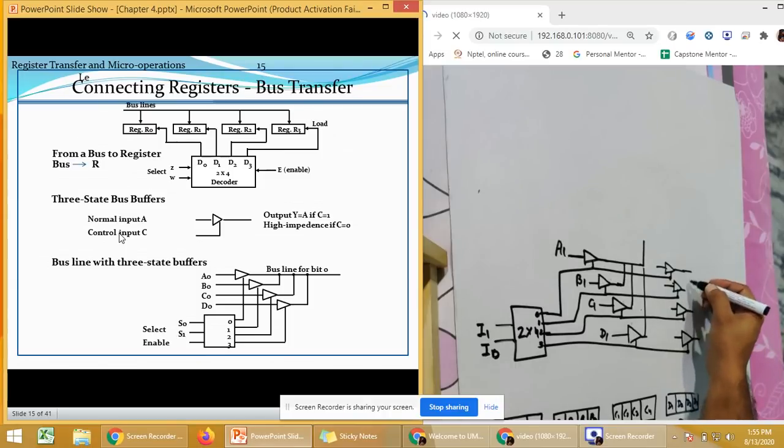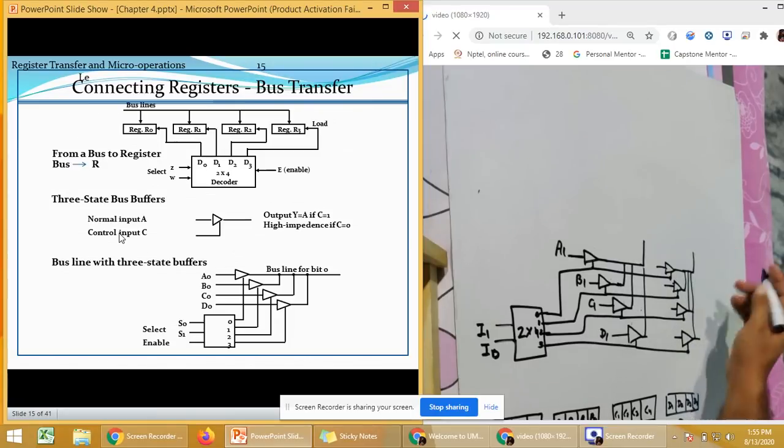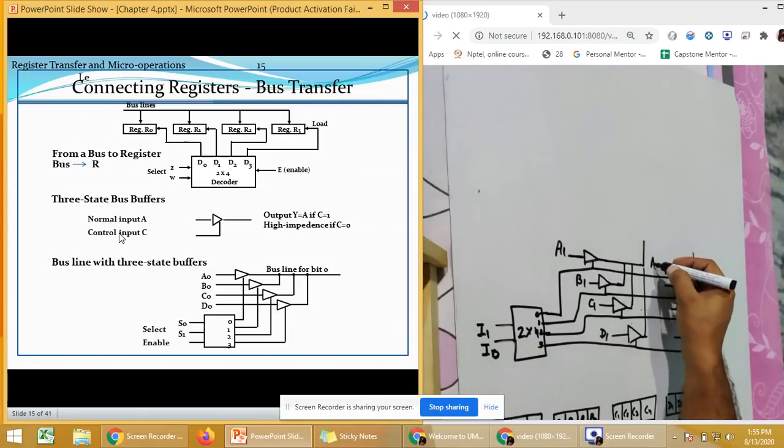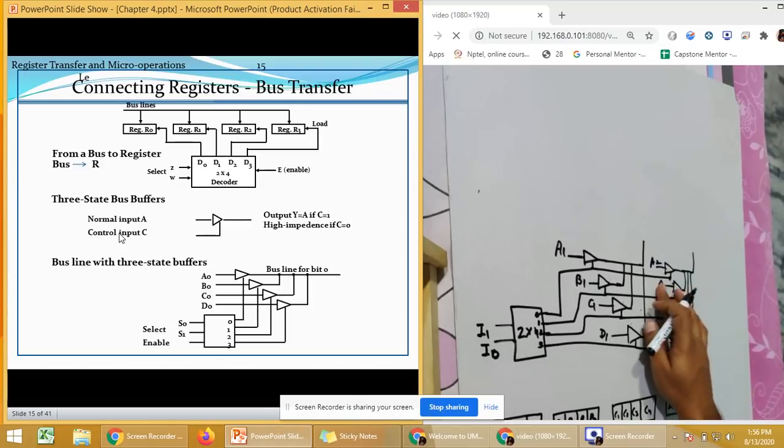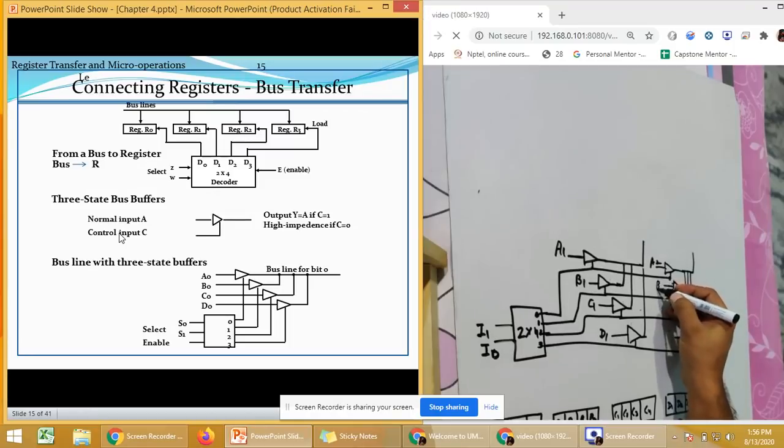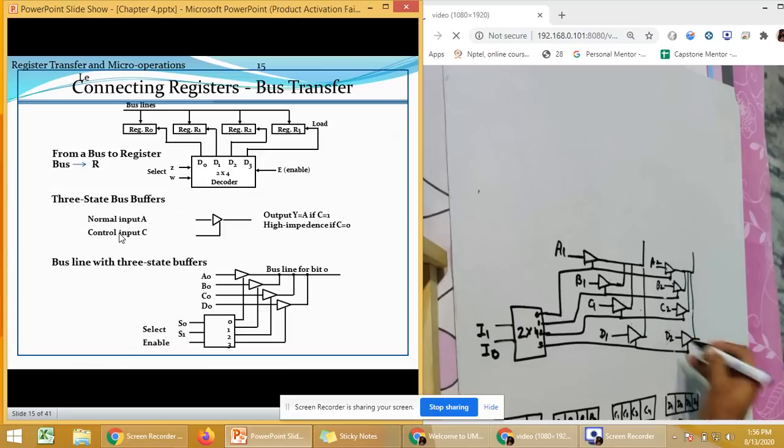And here this will be the A2 line, then B2, C2, and D2.